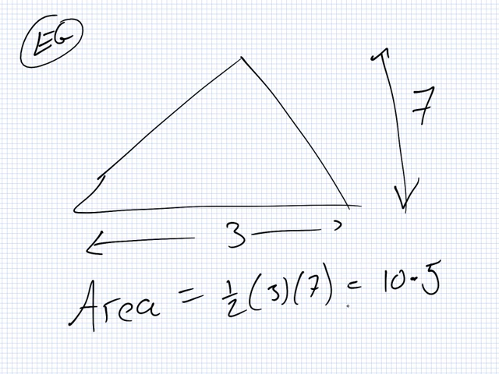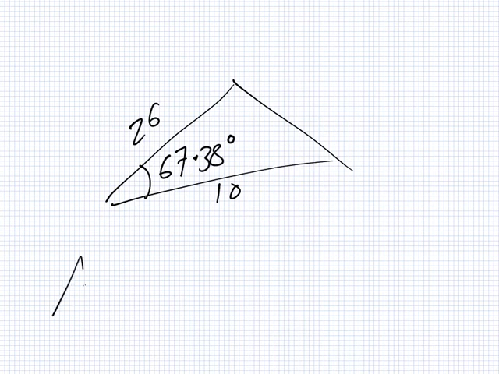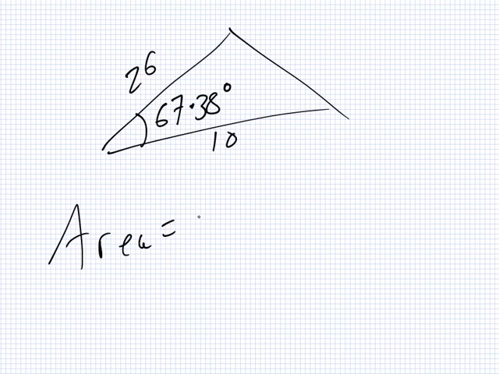Okay, can I scroll down? Okay, scroll down. Right. Next one, let's draw this triangle. Let's say this side is 10, this side is 26, and this angle is 67.38 degrees. And again, I'd like the area here. So you'll need your calculator. I'll give you a minute.